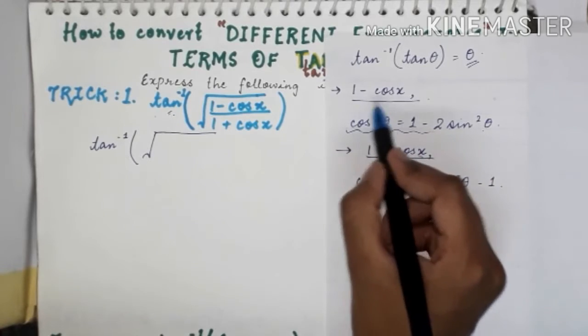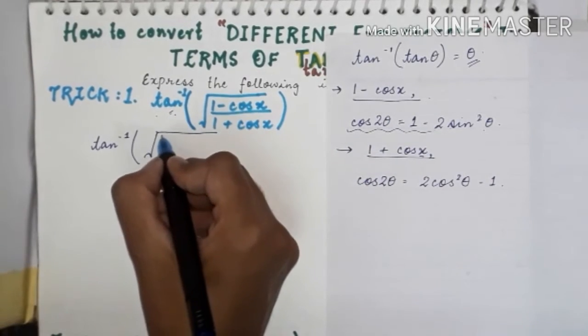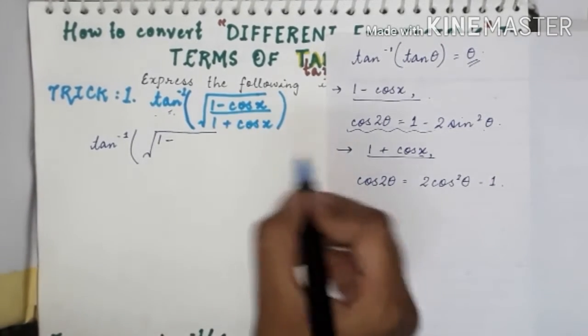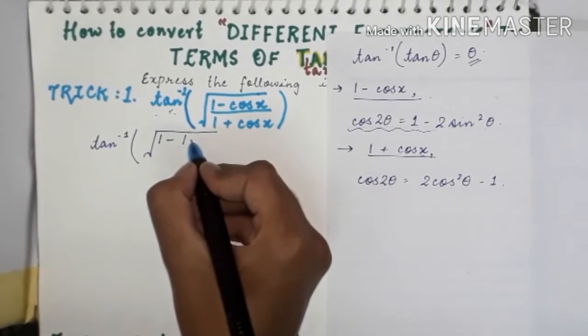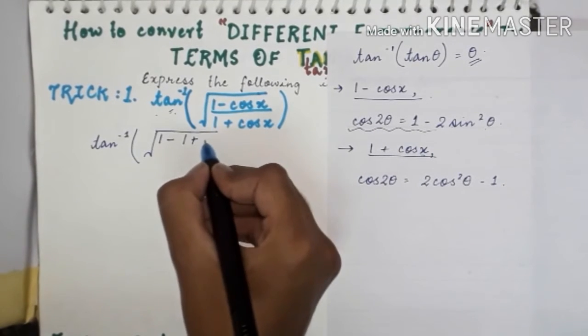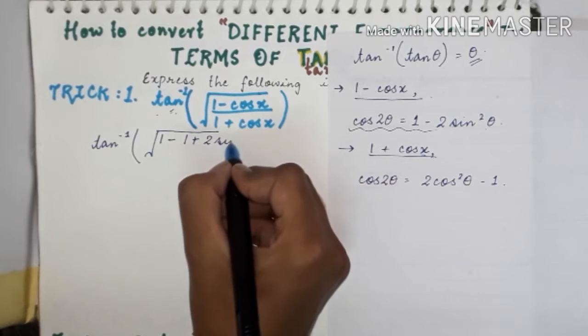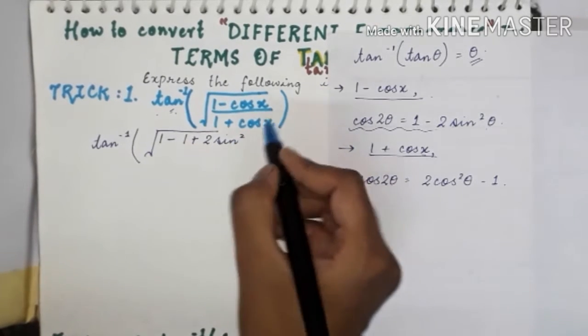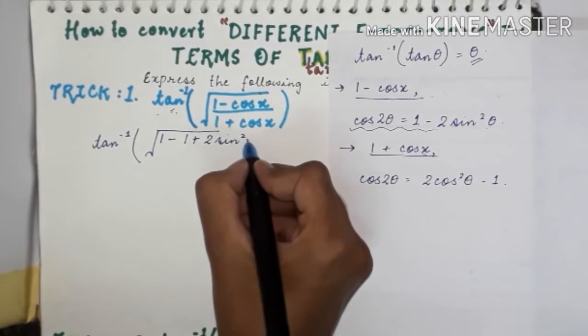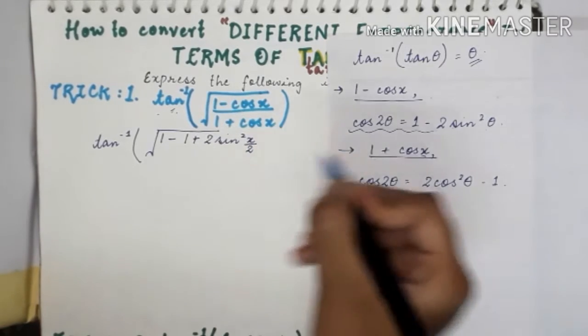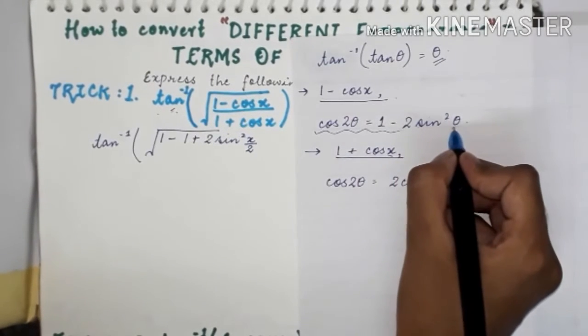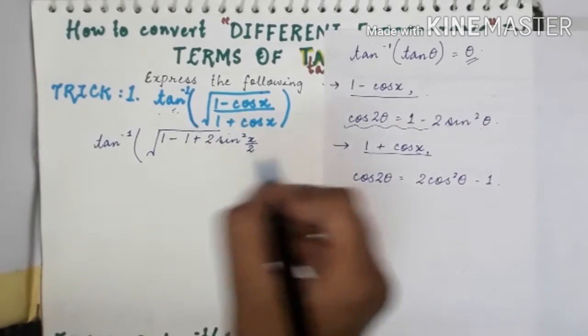So in place of cos x, we can use this formula, minus plus 2 sine square. Here you have x, so here it will be x by 2. See, here it was theta, so here it is theta. 2 theta, theta.